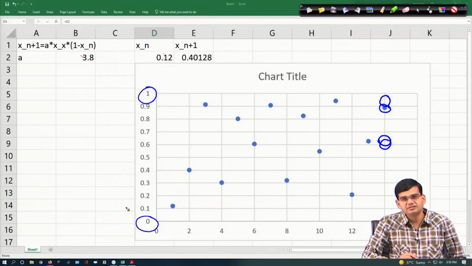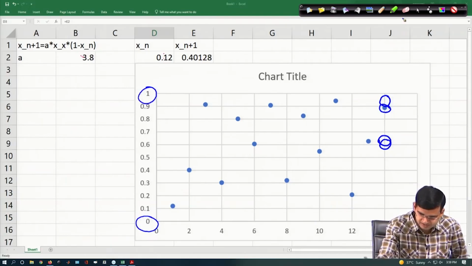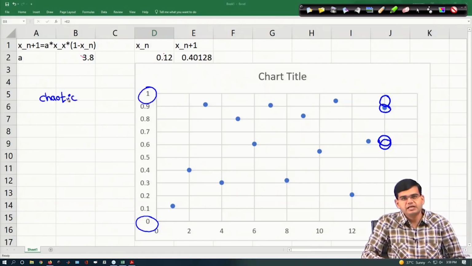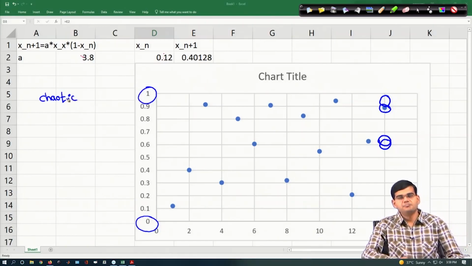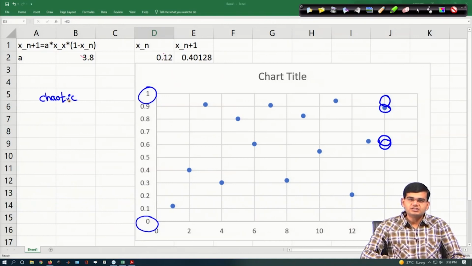And why does this happen? This happens because the equation is chaotic. Okay. So, the equation is set to display chaos, and what is the meaning of chaos? The meaning of chaos is that the fate of your system is highly dependent upon the initial condition.